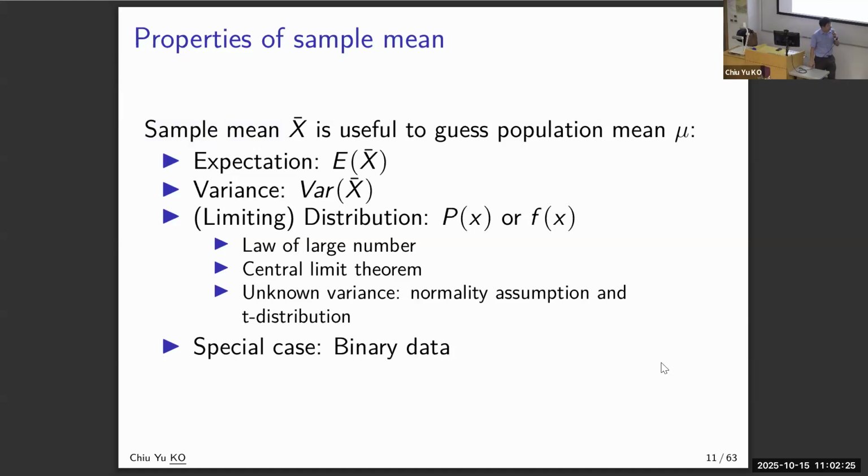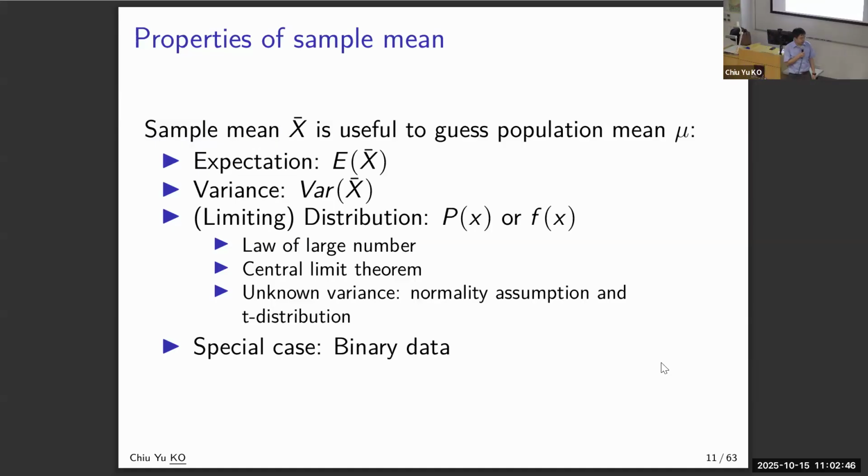So we will tell you how this sample mean looks, because this is a random variable, right? If it's discrete, you can describe it by big P, right? Or big F, right? If continuous, you can also use the big F or small f.